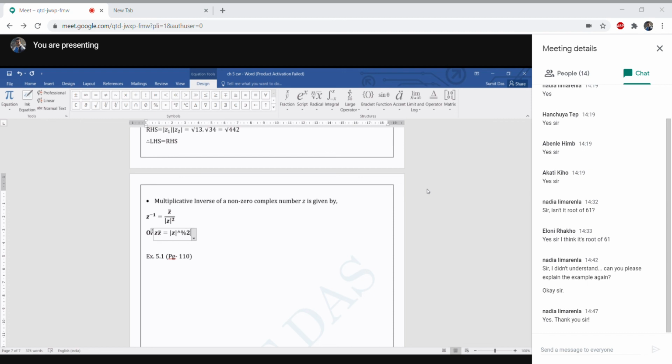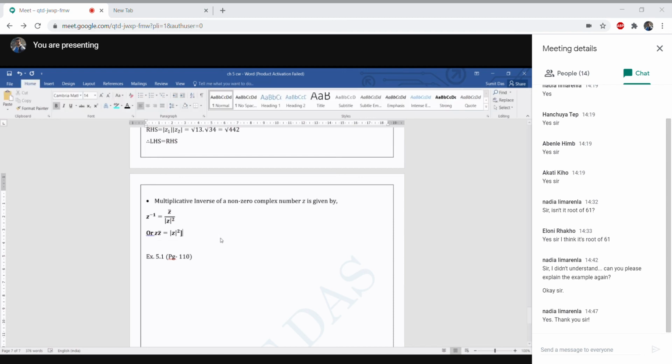From here we can draw this extension also. This part is not that important. We have to follow this rule, Z inverse equal to Z bar divided by mod Z square.